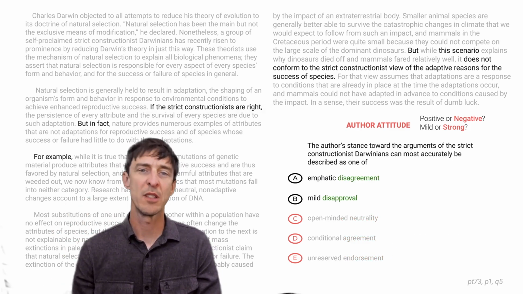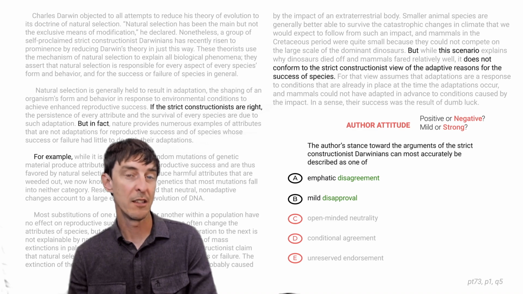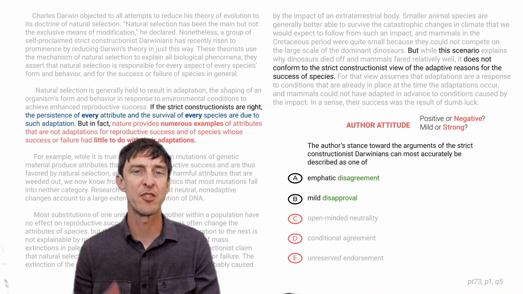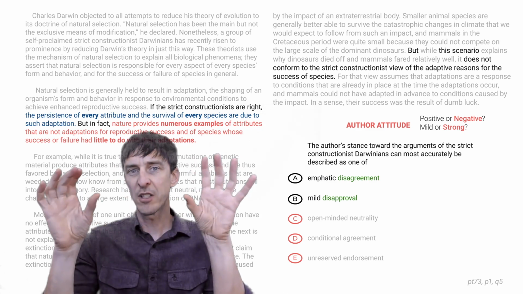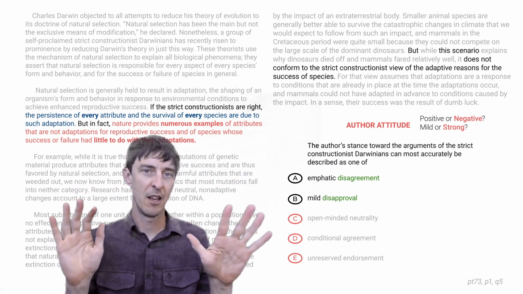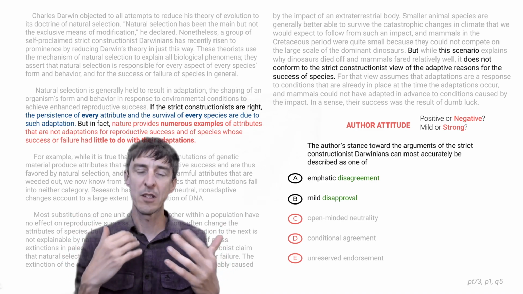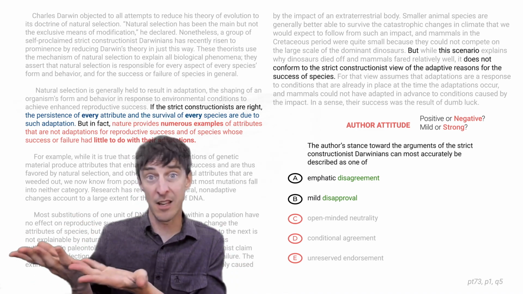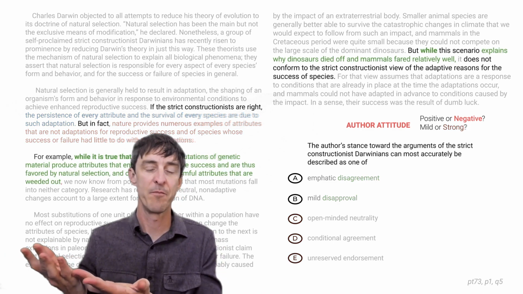To assess whether it's mild or emphatic negative, we kind of just have to look at the concessions and the strength of language. The strict constructionist view is that natural selection explains everything. So if you are disagreeing with that, you're just saying it doesn't explain everything. There's at least some things it doesn't explain.